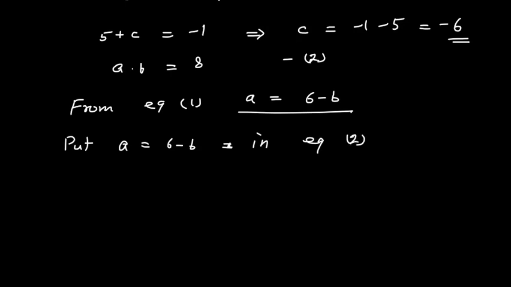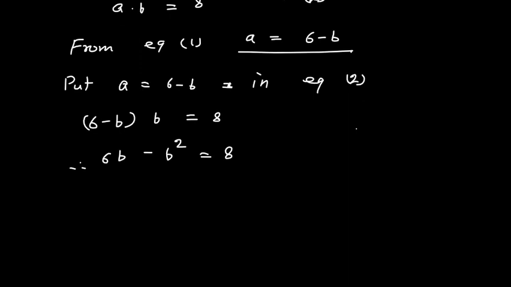So here in place of a we put 6 minus b into b is equal to 8. So therefore 6b minus b square is 8. So we simplify it, therefore we say that this minus b square I will move to the right: b square minus 6b plus 8 is equal to 0.